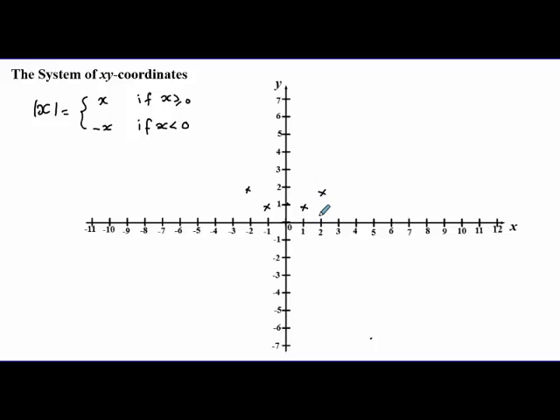Then in looking at this way, we can look at the absolute value not just as a definition, but more as a function. At 0, we know the absolute value of 0 is equal to 0.